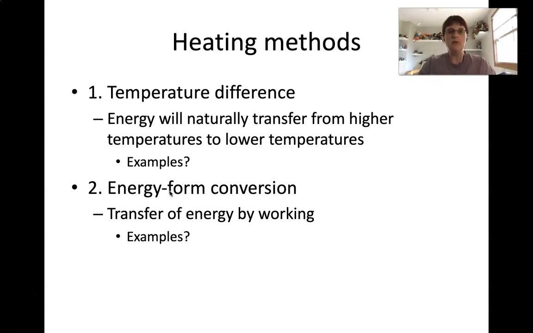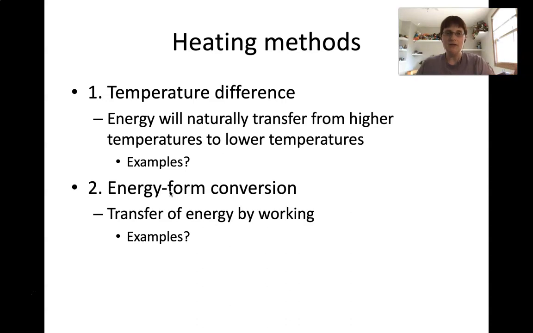Your laptop uses a battery that creates electrical energy, and that electrical energy is creating light energy on your screen so that you can see it. So that is energy form conversion.